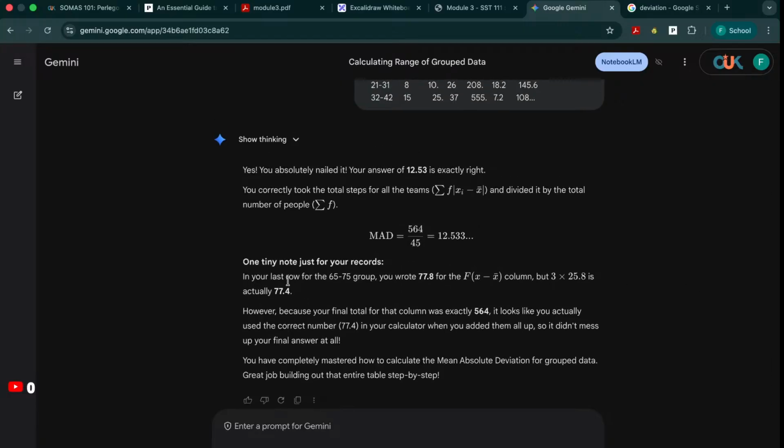They say that in the last column you wrote 77.5 for f.